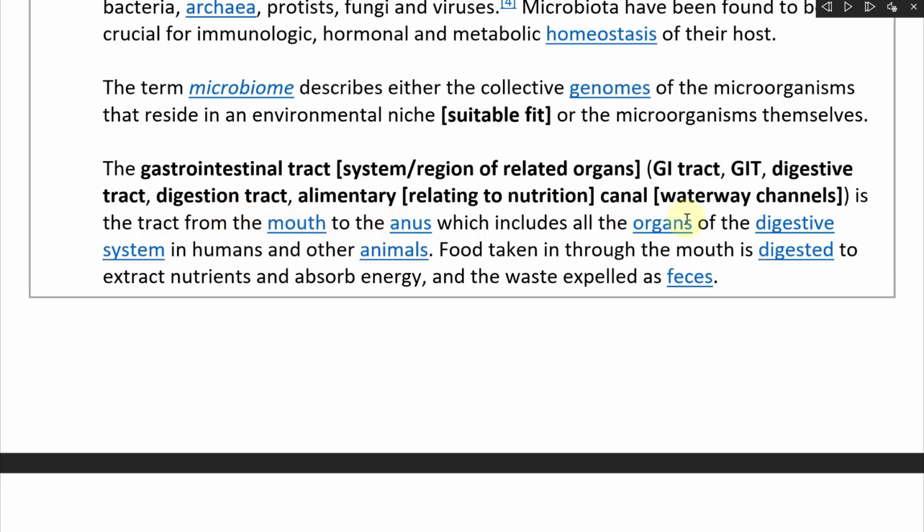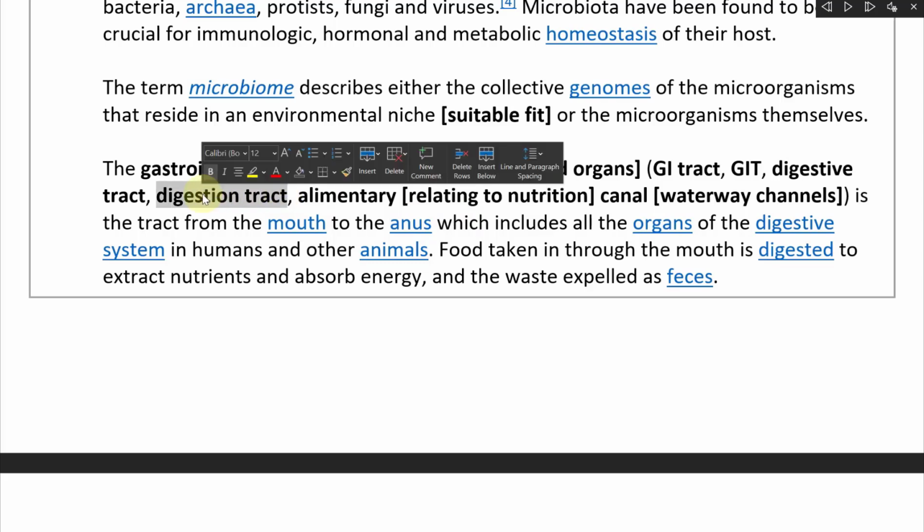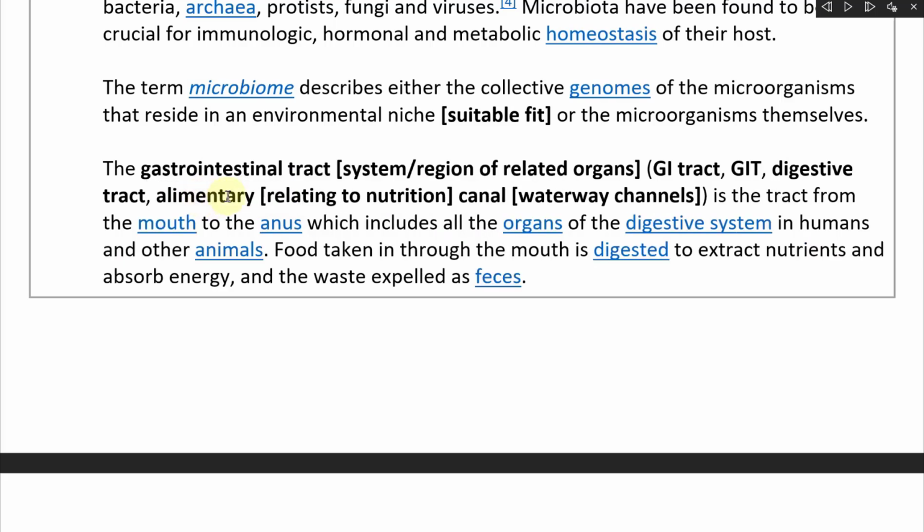Digestive tract right here. I think I wrote digestive tract twice. Let's just erase this. This one also, alimentary, relating to nutrition, canal. Yeah, so alimentary canal. See this? Alimentary. Yeah, so alimentary canal, which is relating to nutrition, and the canal is a waterway channel, not channels.